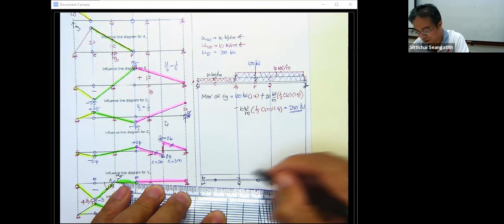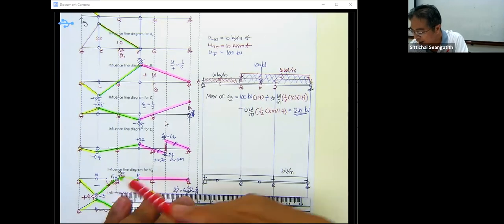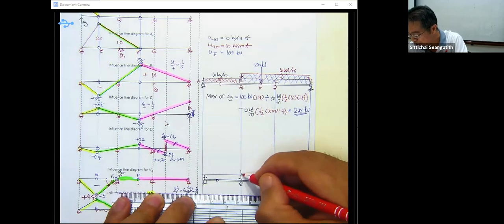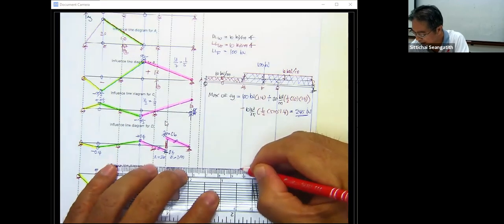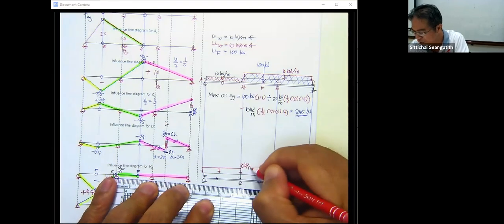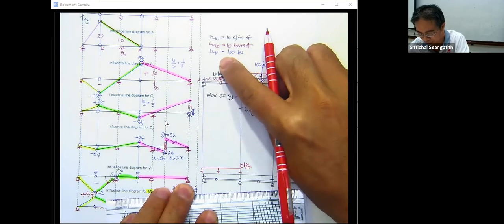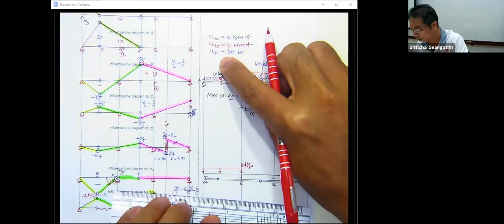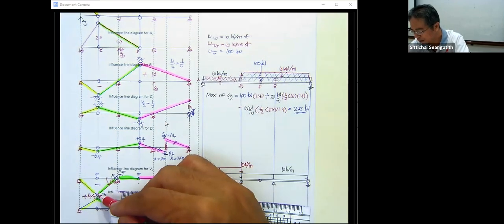However, since this one produces the negative in this area, the live load W we just put in this area, 10 kilonewton per meter. The point load, the live load, is going to be put at the maximum value of it. So just put this one over here.